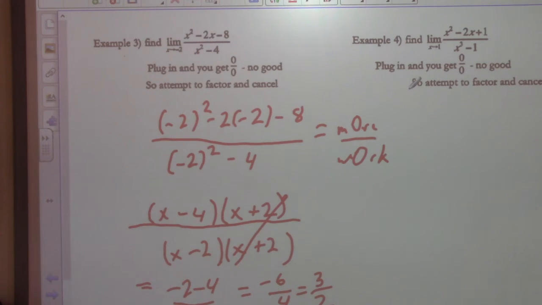And now we have a situation, example 4, where we have x squared minus 2x plus 1 over x cubed minus 1. If you plug in 1, do you see we're going to get 0 over 0? Yes, we do.